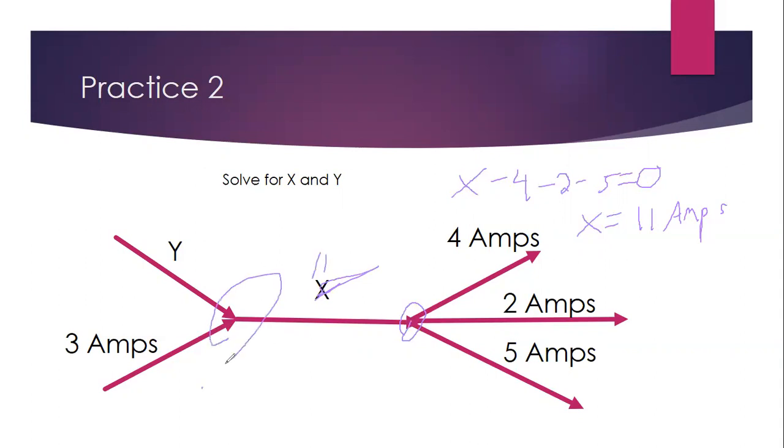If we look at this junction right here, 3 plus Y minus 11 equals 0, so 3 plus Y equals 11. When we solve for Y, we get 8. So X is 11 amps and Y is 8 amps.